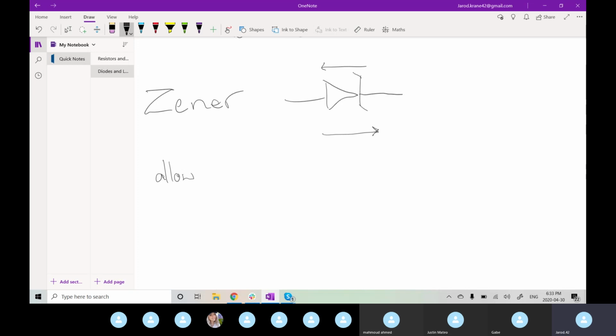Zeners will allow a reverse breakdown at a lower voltage and a much more predictable voltage. So they allow current flow in both directions.